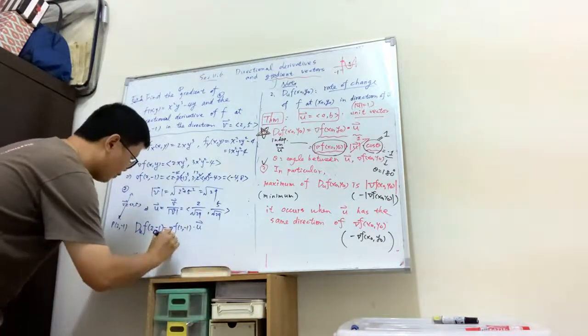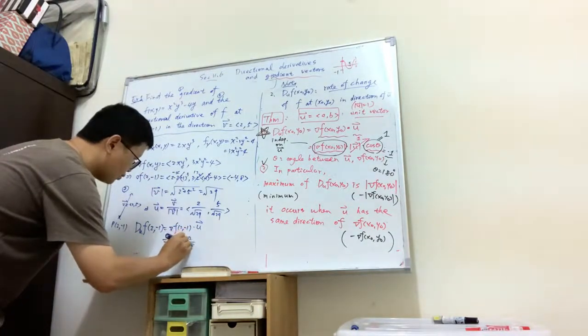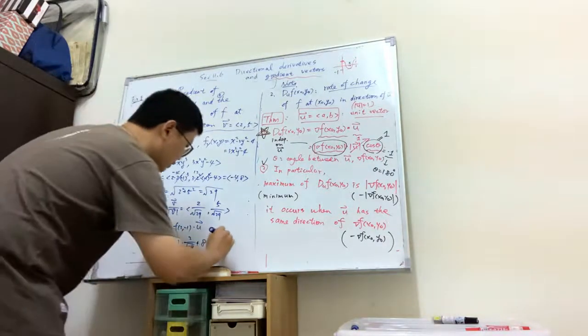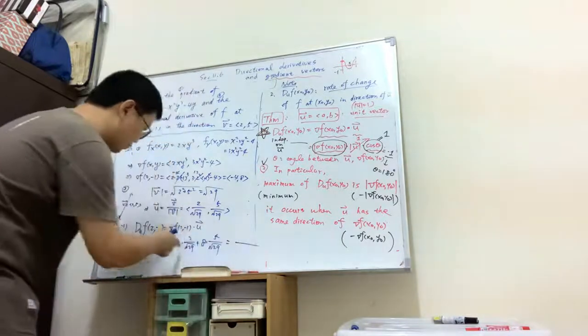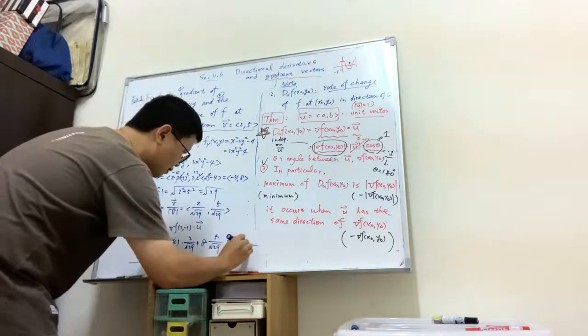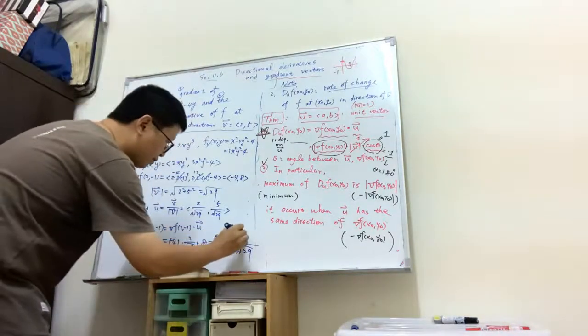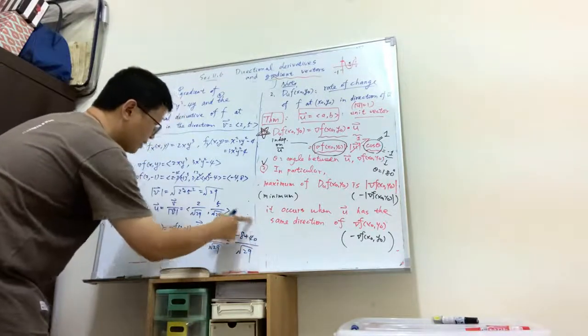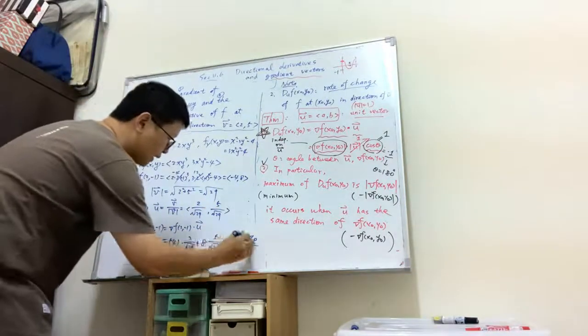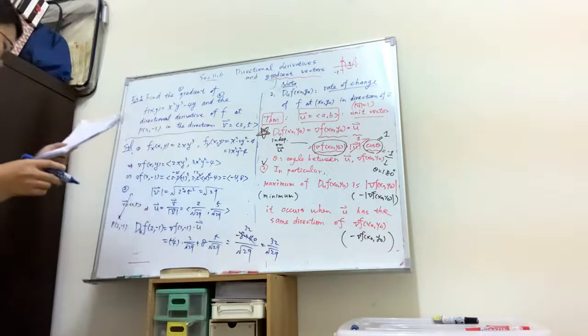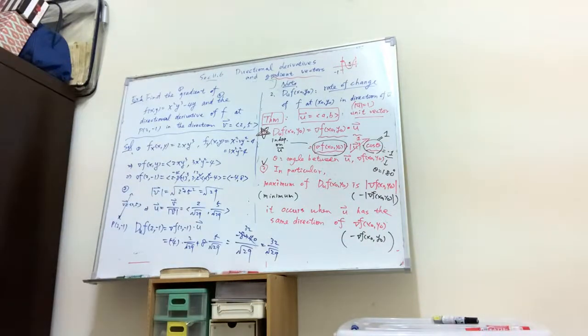So it's negative 4 times 2 over square root of 29 plus 8 times 5 over square root of 29. Both have square root of 29 in the denominator, so make a common denominator. The numerator: the first term is negative 8, the second term is plus 40, so it becomes 32. So it's 32 over square root of 29. Okay, that's the first problem.